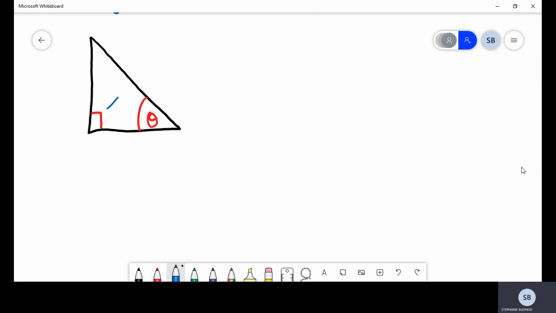So opposite our right angle is our hypotenuse, HYP. Then opposite our angle of theta, we have opposite. So that's OPP. And then we have ADJ. That's cool. So we have everything.